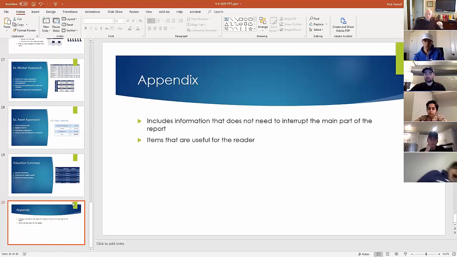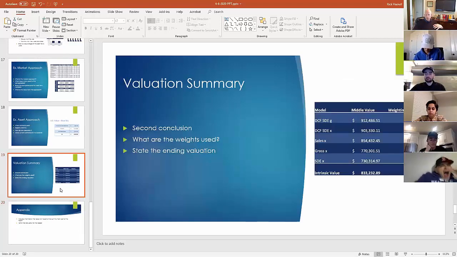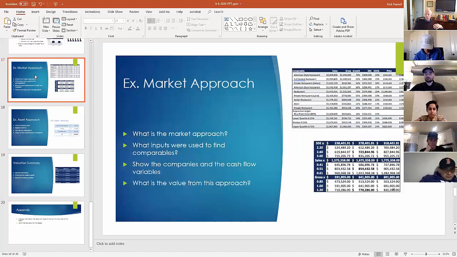You will have been reflecting on the appendix as you're going through the different sections, right? You may not represent everything here in this one for the full valuation or the full panel of comps. You may leave that in the appendix, but in this section where you talk about the market approach, you're going to reference the appendix. So if the reader wants to get more granular detail, they can go get more granular detail.